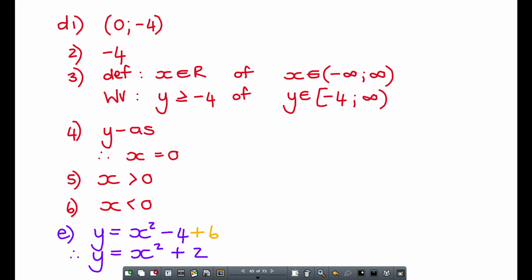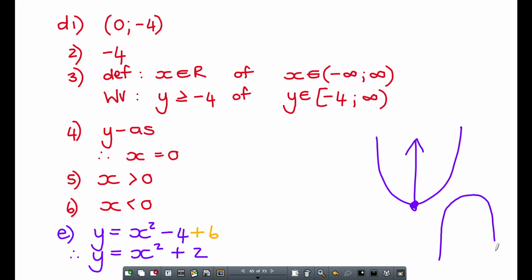Okay, dan die waardeversameling, the range, we talk about the y values. And now yeah, we've got to be very careful. We've got to look at the graph en dan van die draaipunt af binne toe. So meaning, if it's a positive graph, I go from the turning point upwards. If it's a negative graph, I go from turning point downwards. That's what I mean when I say into the graph or inwards.